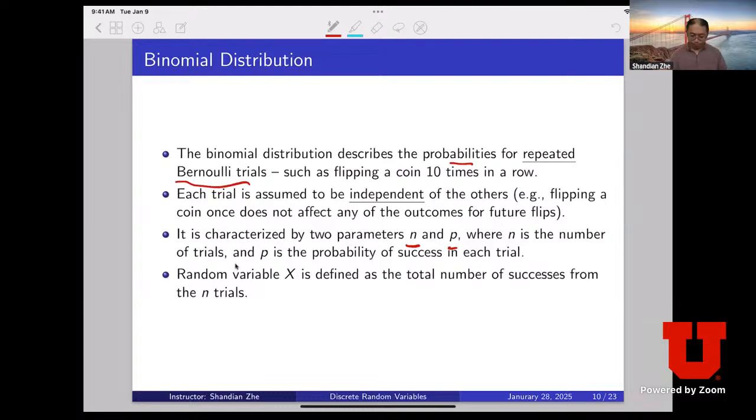And then the random variable x is defined as the total number of successes from these n trials. Using coin flipping as an example, it's just the total number of heads I'm seeing throughout these n trials.